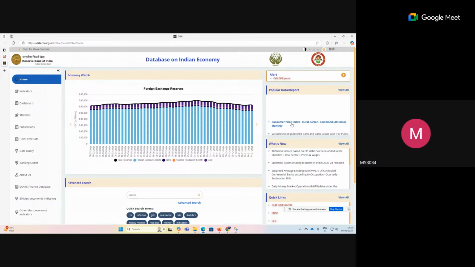For example, the consumer price index data is available on the homepage of the website also. If you visit that, it will show you the CPI data, and you can download the data from this website for free. So it is free of cost data.